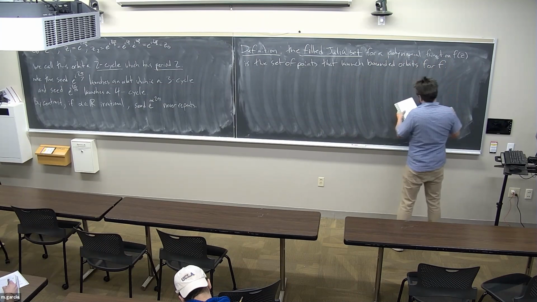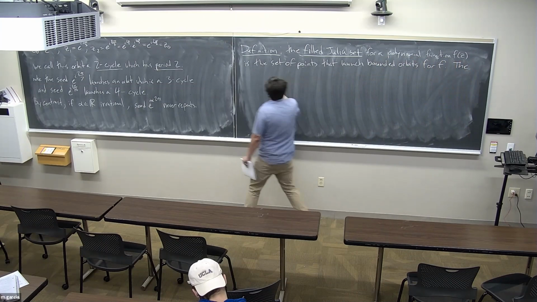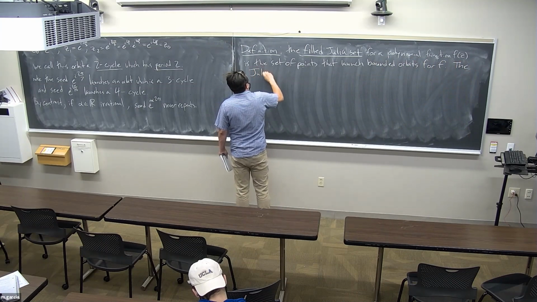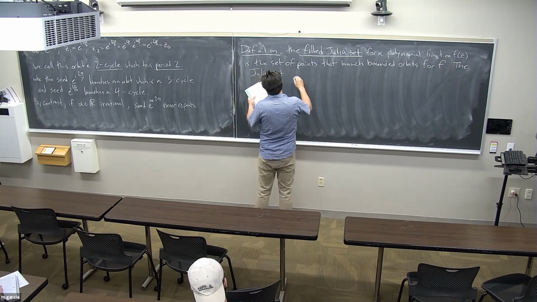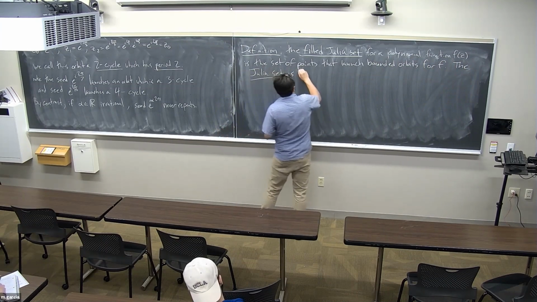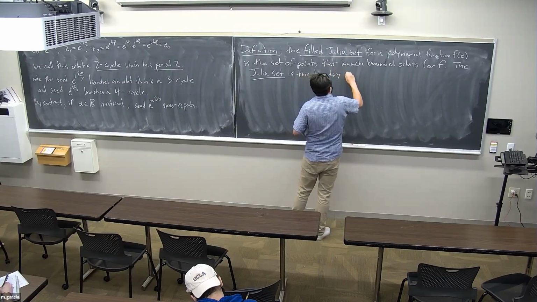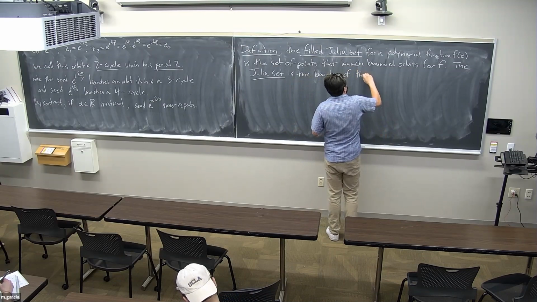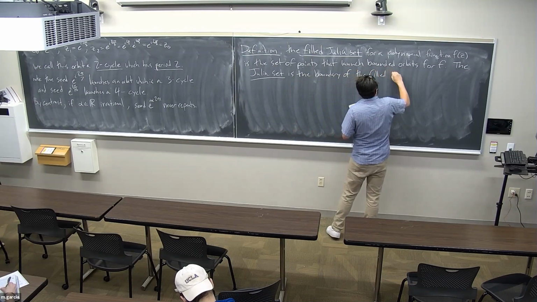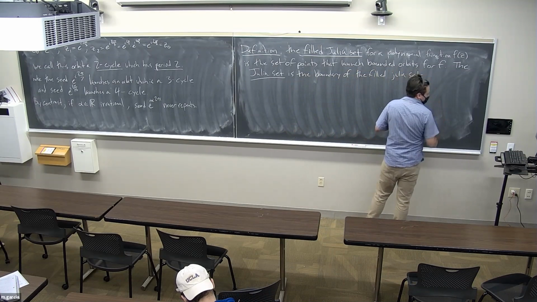And then we call the Julia set, not necessarily filled, the boundary of the filled Julia set.